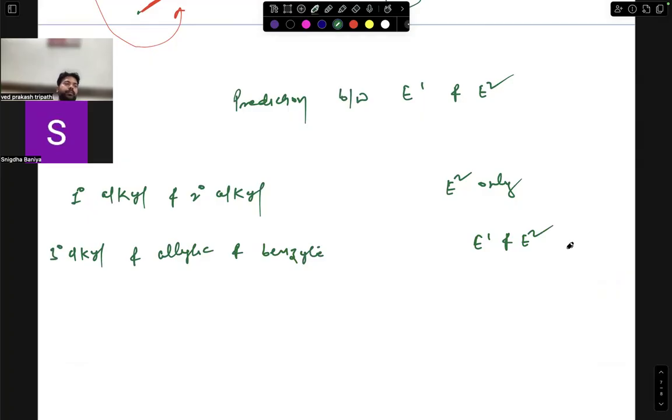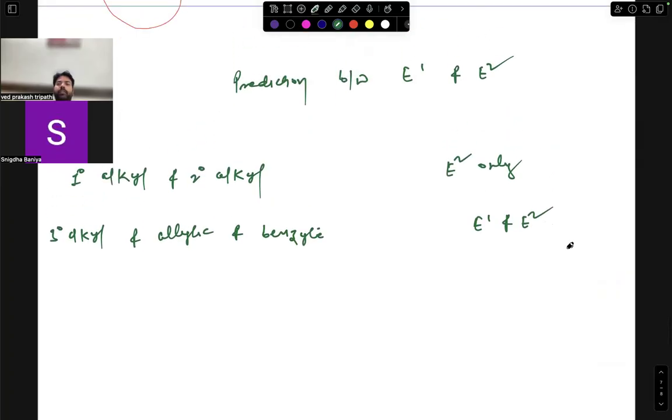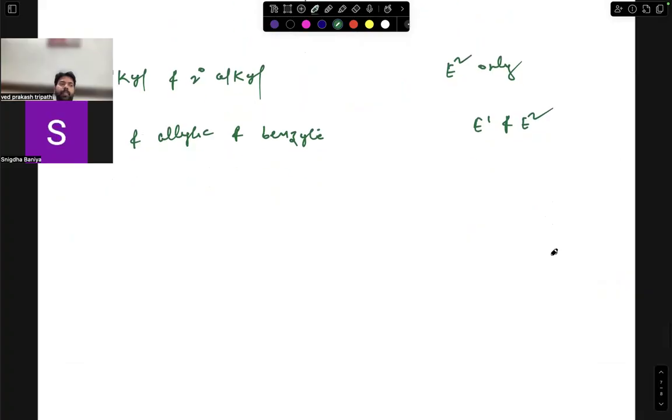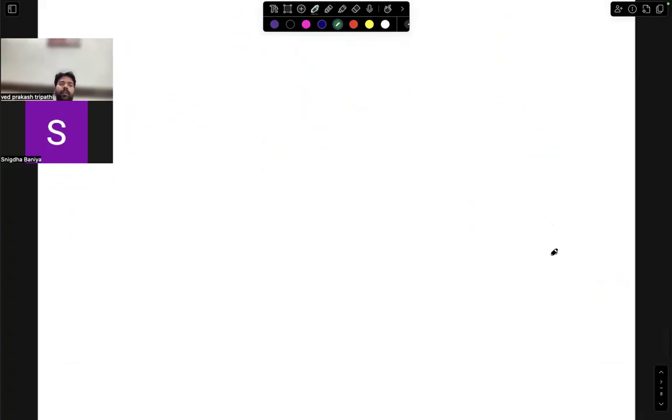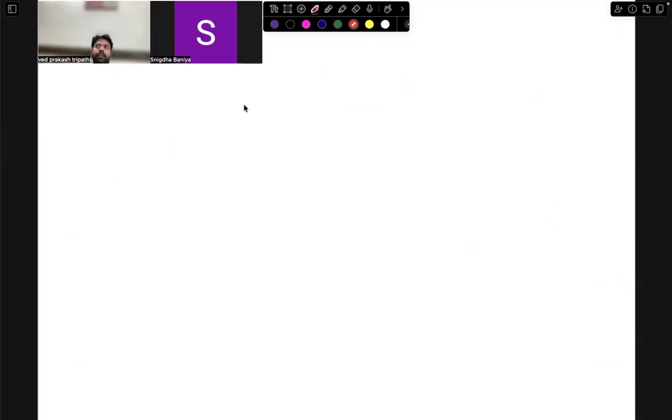Makes sense? Now we are going to deal with the prediction of SN1, SN2, E1 and E2. And this is a very, very important concept. Clear? So I am going to generate categories. The very first category is a strong base and weak nucleophile.